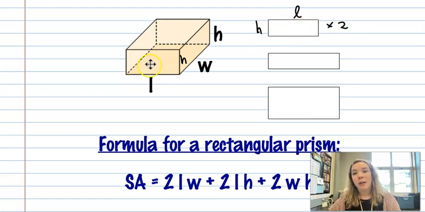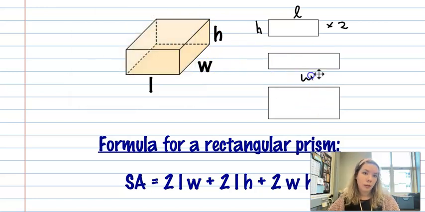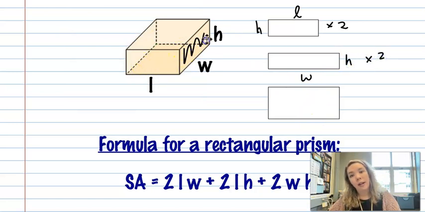Because I have this one in the front and this one in the back. Okay, so that's 2 of my 6 sides. And then if I wanted to do this skinnier piece here, I'd have width times height. And again, I'd have 2 of those because I have one on the right here and one on the left.